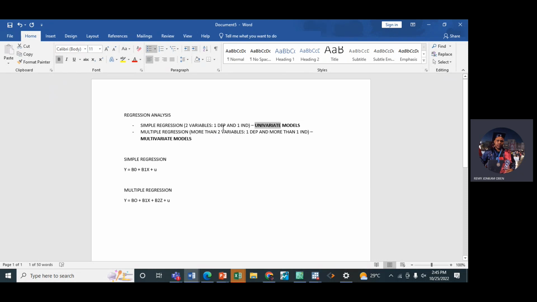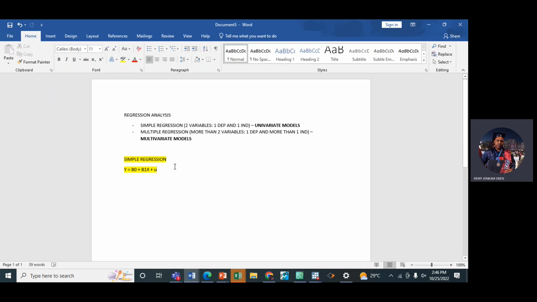Because there is just one independent variable. Multivariate because there are more than one independent variable. That's fine, right? Okay. So today, I'm going to remove this multiple regression because I'm going to focus only on simple regression today.